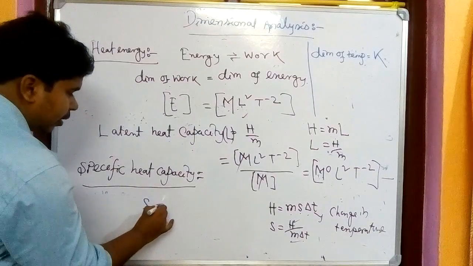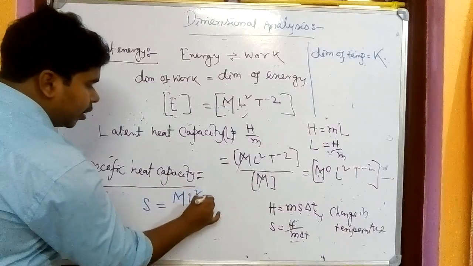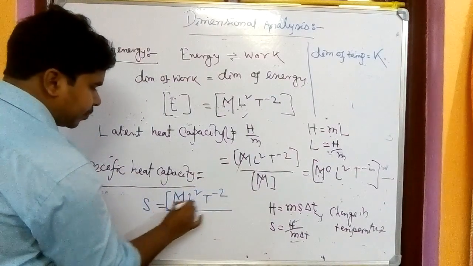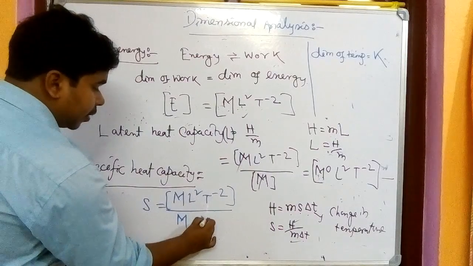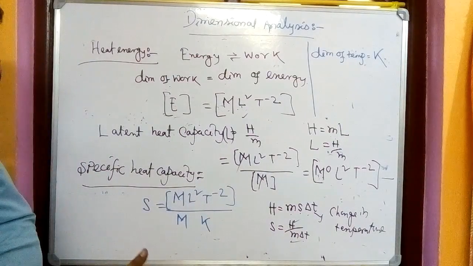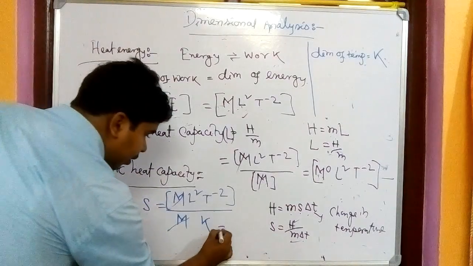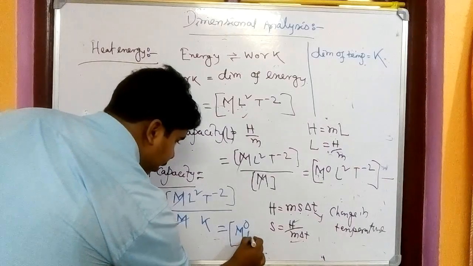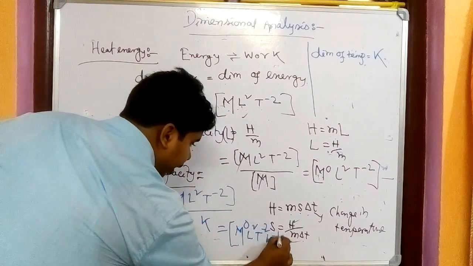So S equals H, meaning M L square T to the power minus 2, by m del T, K. Change of temperature means the dimension should be K. M cancels out. M to the power 0 L square T to the power minus 2 K to the power minus 1.